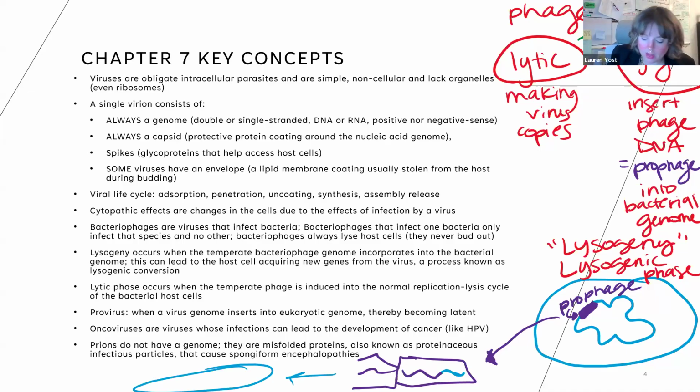And it infects it. And it can bring with it that gene. If it brings new traits with it, lysogeny is whenever we incorporate the prophage into the host bacterial DNA.